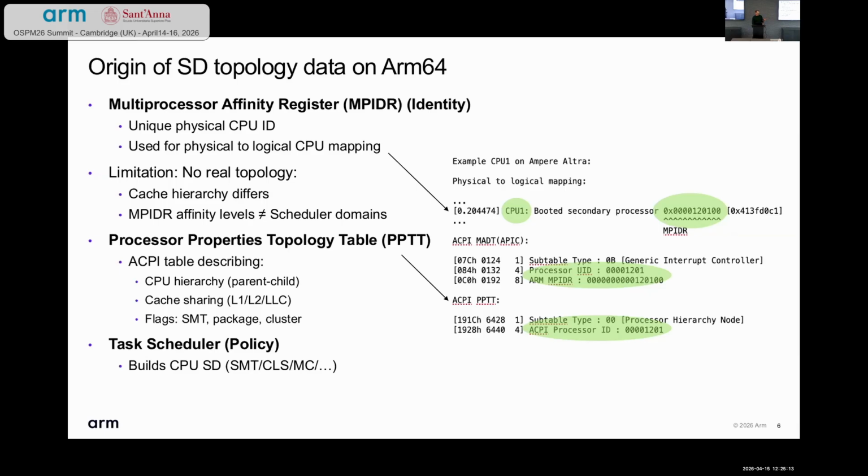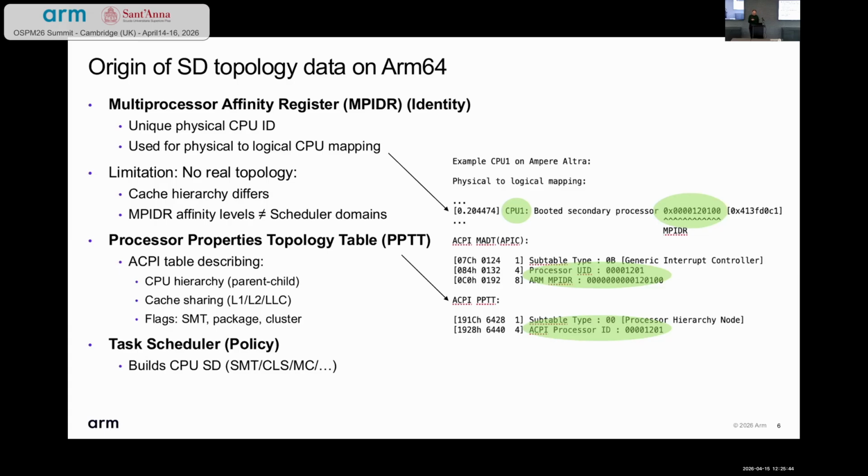When you go for each CPU, for instance, and check in software, you want to do stuff on a CPU mask. And then what we have, and probably the x86 guys or AMD guys don't have, is that the topology information is not in those registers for us. We have affinity levels, but it's not really telling us any topology. We have another step, that's the processor properties topology table, PPTT, in ACPI.